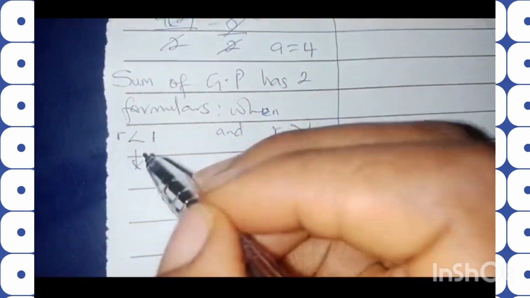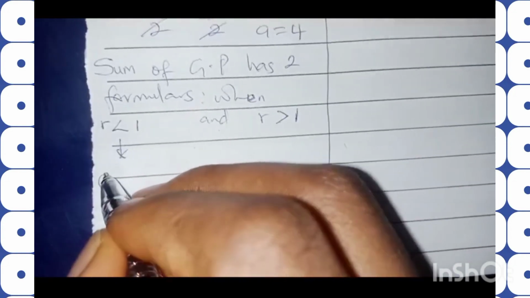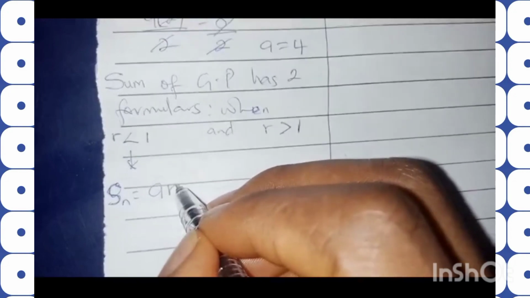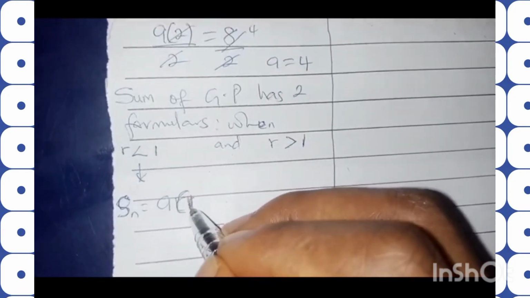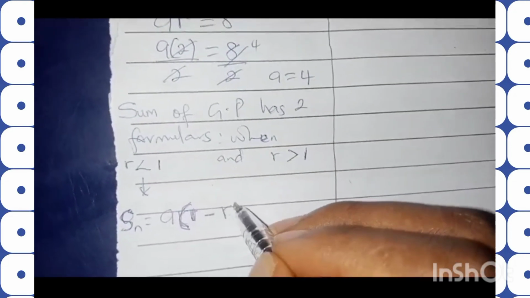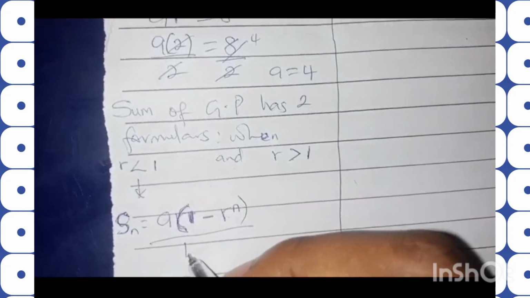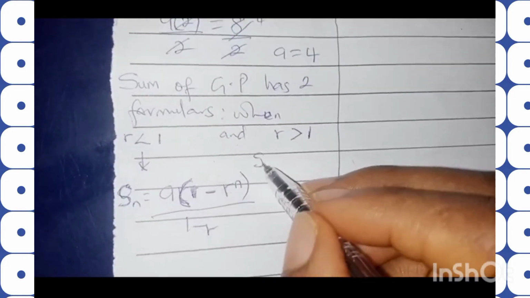So for common ratio less than 1, we have Sn equals first term, open bracket, 1 minus r to the power of n, and then over 1 minus r.